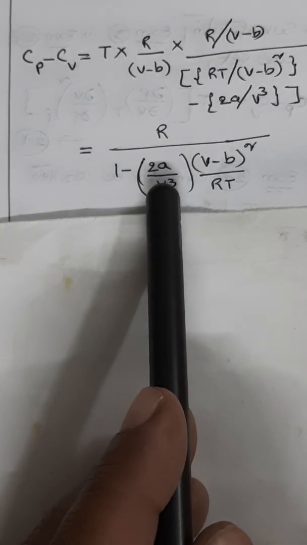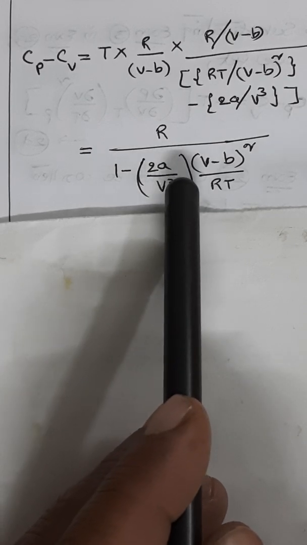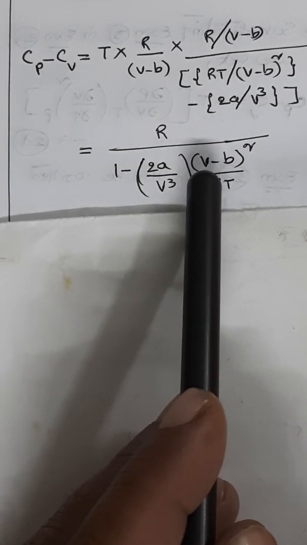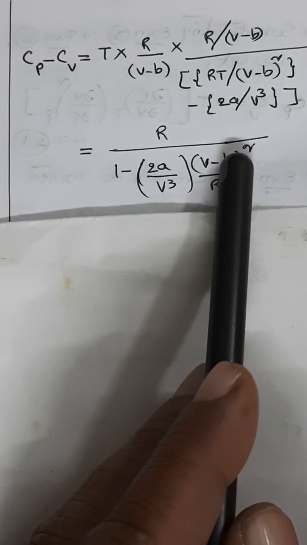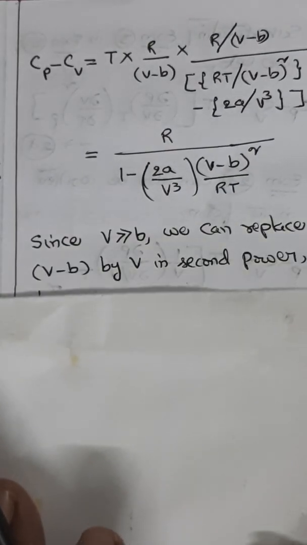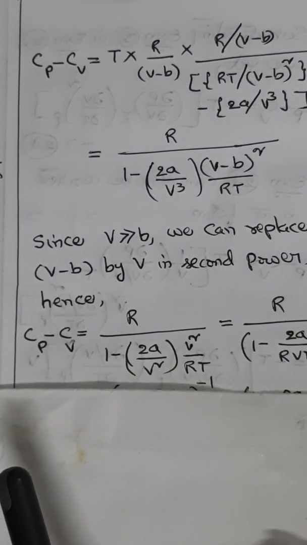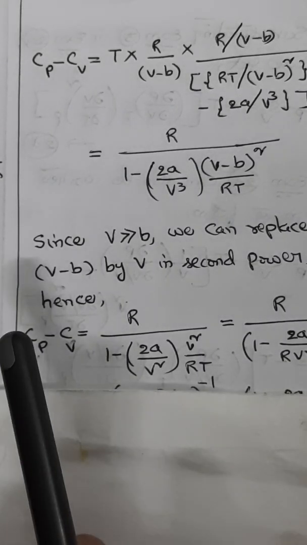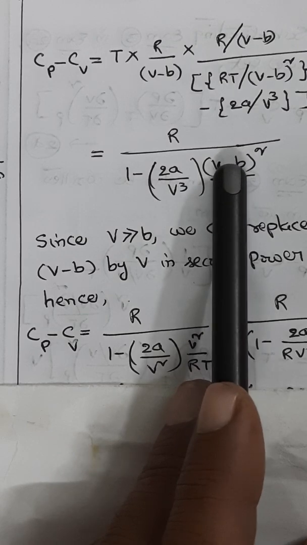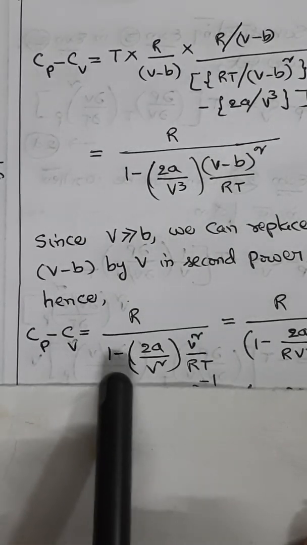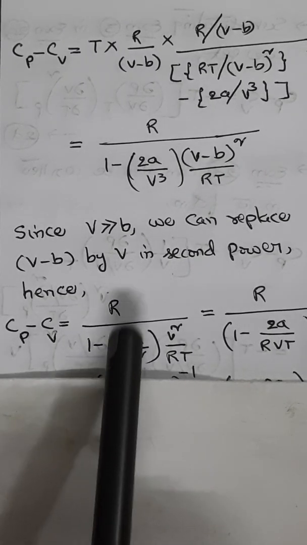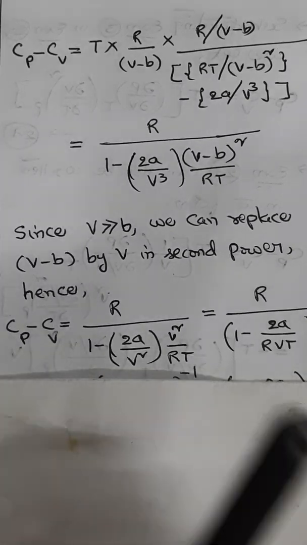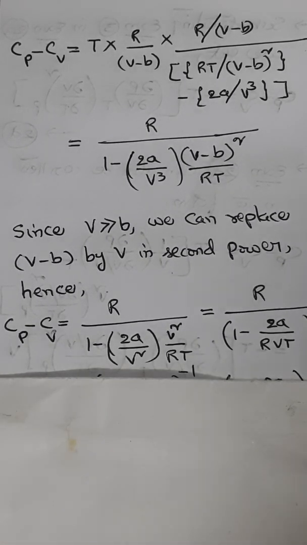But here V is much greater than B. Since V is much greater than B, we can replace V minus B by V in the second power. So therefore we will get Cp minus Cv as R by [1 minus 2A by V cube into V square by RT].